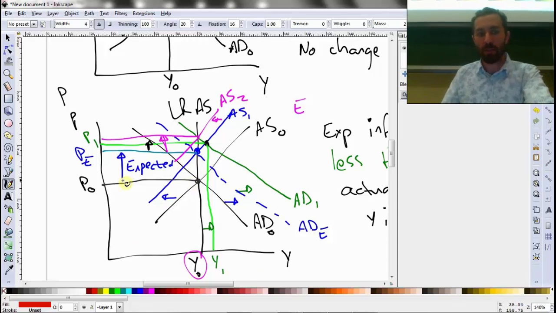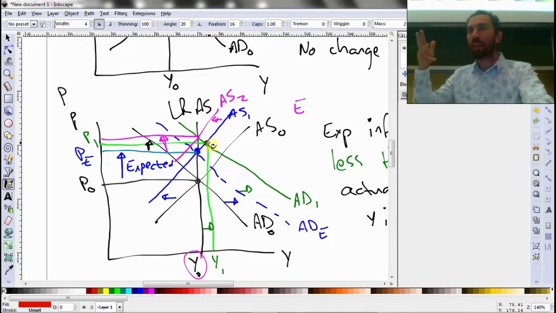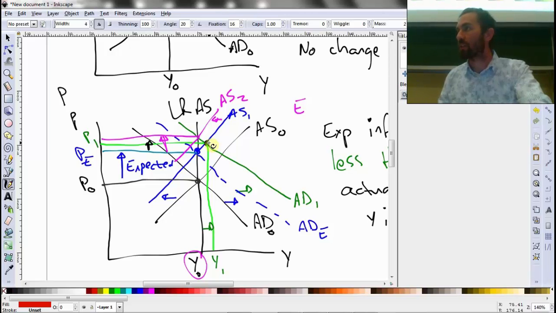If my expected increase in prices was less than the actual increase in prices, okay, how does the economy adjust? Well, labor then increases its expectations on inflation, right?